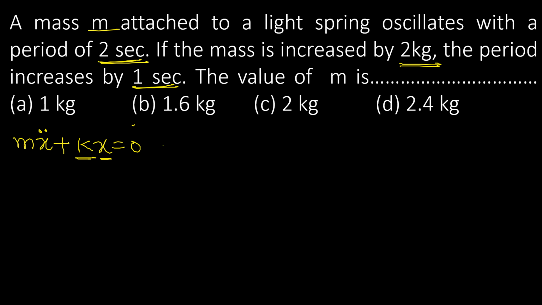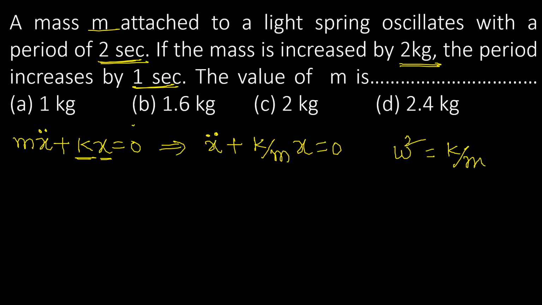Now, if we rewrite this equation, we will have x double dot plus k by m times x equals to 0. Here, this k by m is a constant which is equal to omega square. Omega square is equal to k by m.